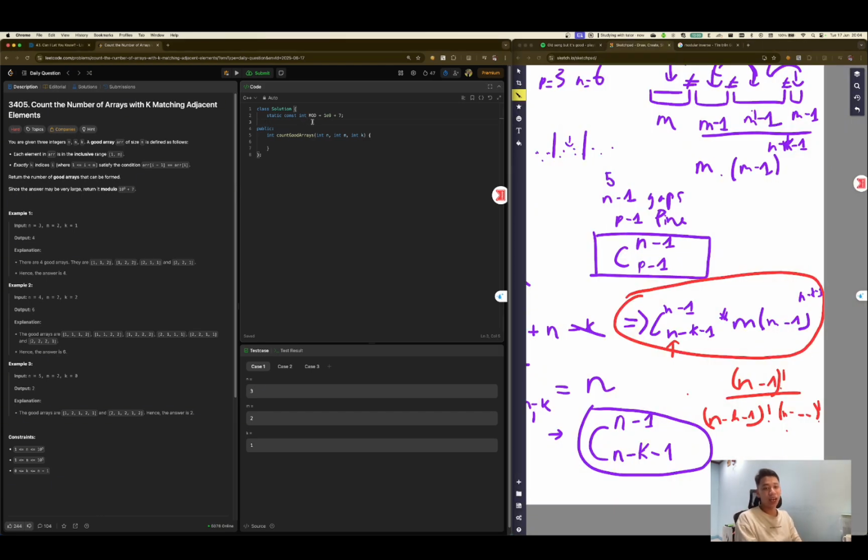Now we need to calculate the factorials, so init. Just init the n. What are we going to return here? Maybe fact, and maybe inverse factorial.